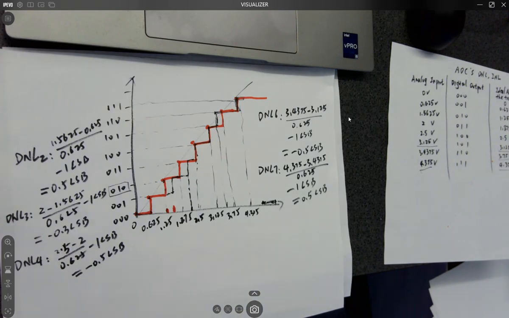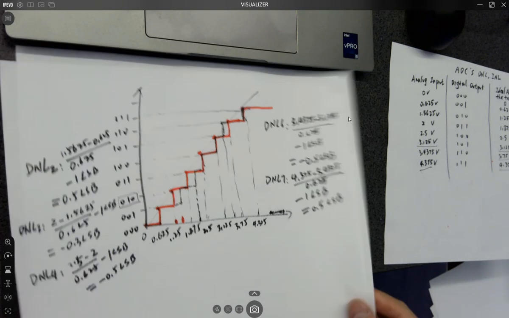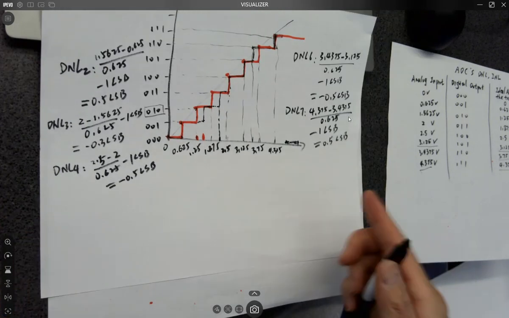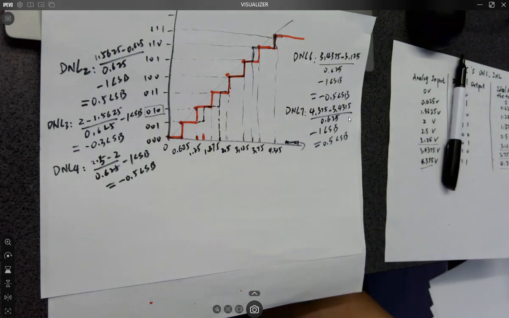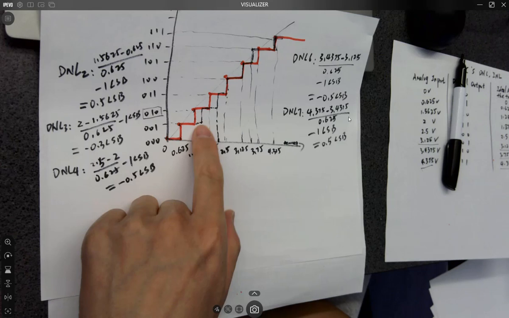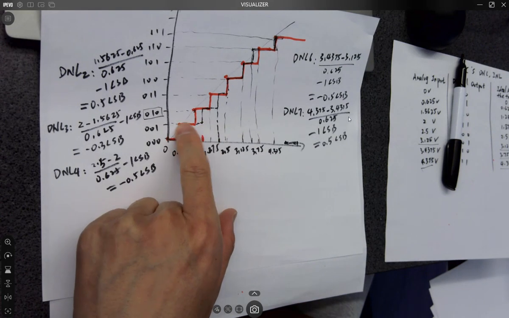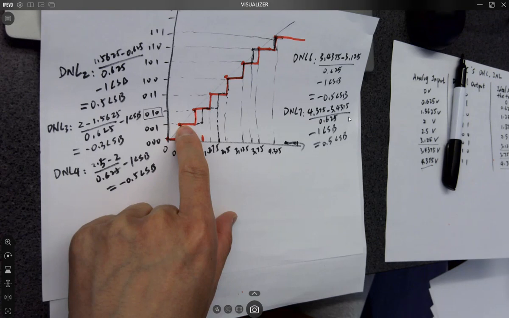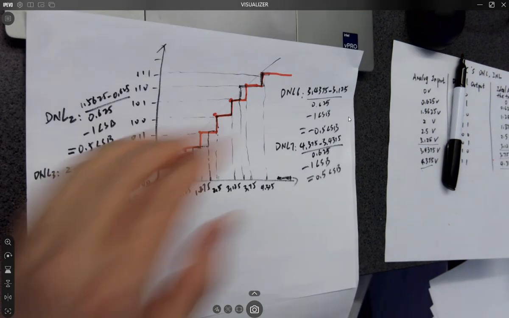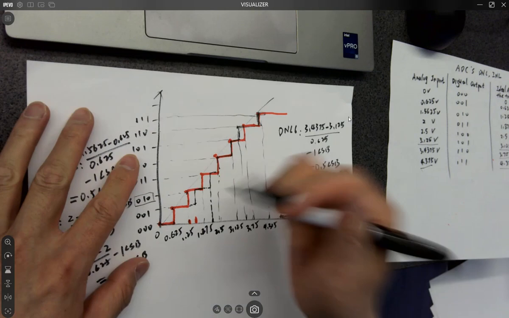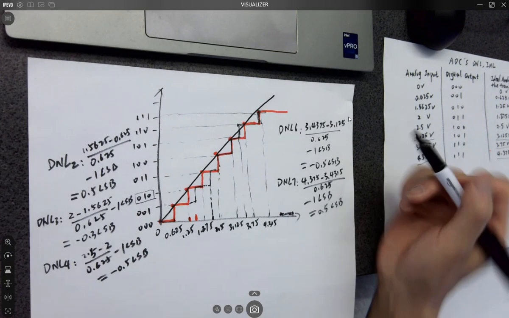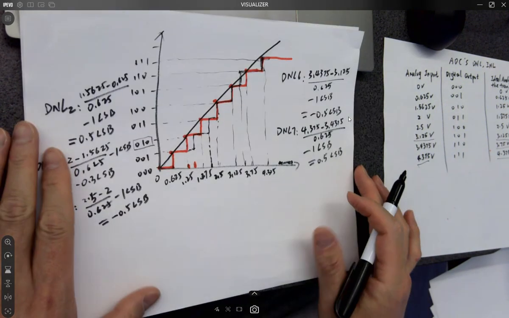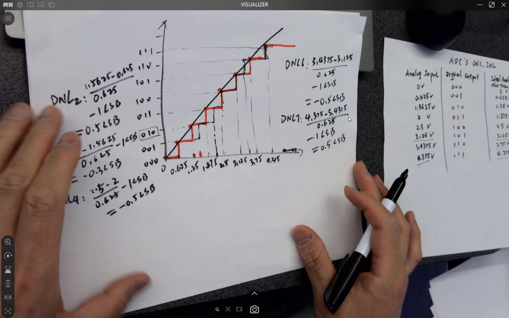So for the INLs, DNLs compare the step size, INL compares amplitude, right? So for INL, you look at the analog value here and minus the analog value here on the ideal curve. Keep in mind, the INLs are comparing to the points right on the ideal curve. So what do we have here?